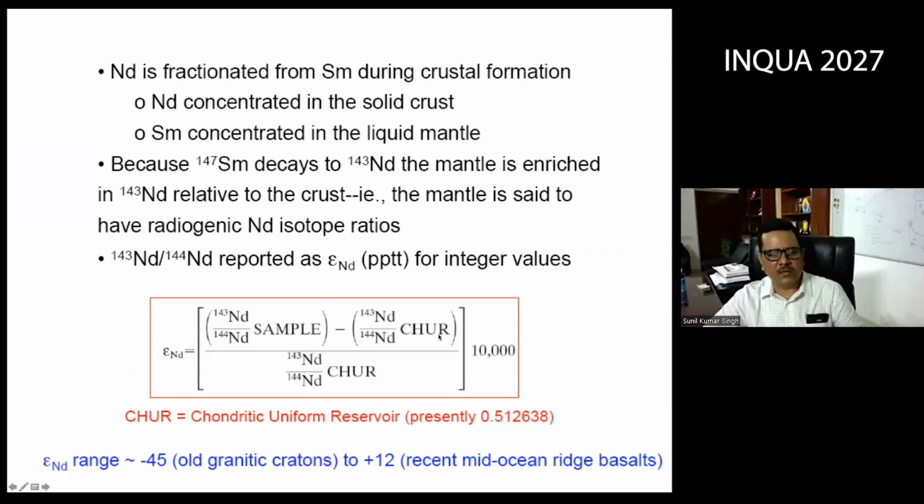With respect to that, we calculate how much it deviates from the chondritic uniform reservoir, and that has been utilized for the different source rocks. After erosion and weathering, they come to the ocean and determine the isotopic composition of seawater. The total variation in the global ocean is from minus 45 to plus 12. Very recent mid-oceanic ridge gives very positive values, whereas old rocks give negative values.